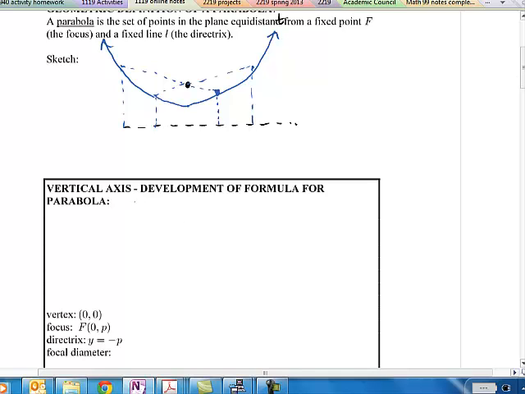So if we have a vertical axis, if the directrix is at y equals negative p, and the focus is at 0, p, and the vertex is at 0, 0.